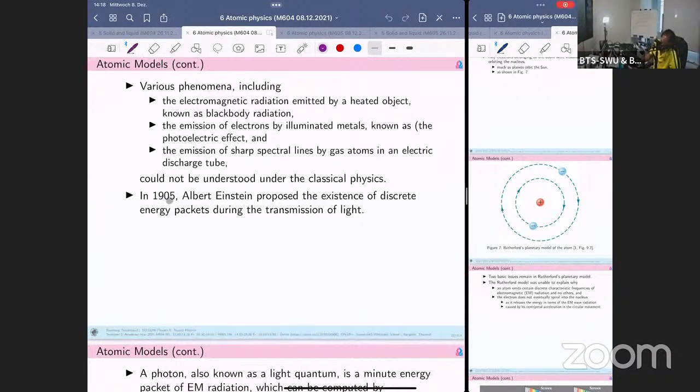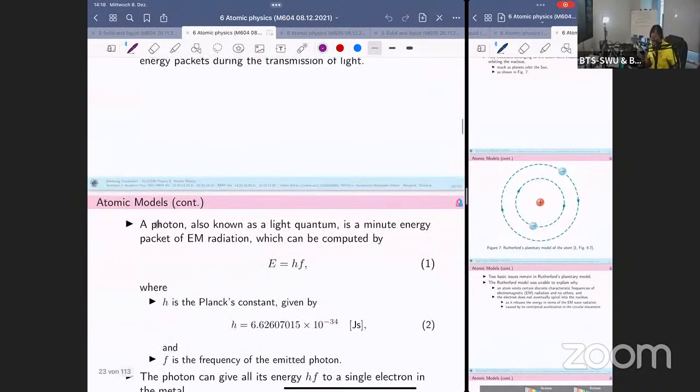In 1905, Albert Einstein proposed the existence of discrete energy packets during the transmission of light. This model originates the so-called photon.